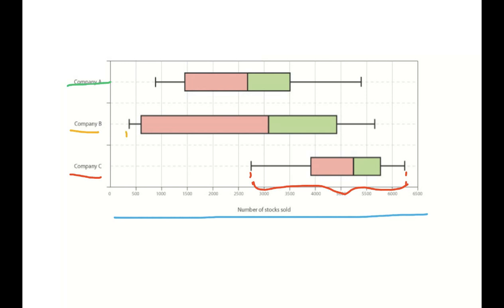That range is going to show us how much the data is spread, or how far the data is spread. So we can see the sizes of the spread for each of our box and whisker plots by looking at how far those whiskers reach. So if I wanted to talk about how much something varies, that means it's spread out more if it's varied more.